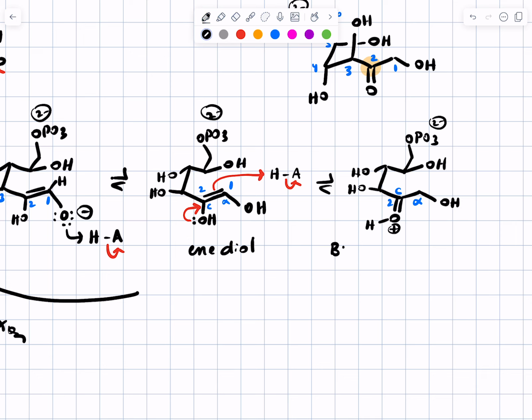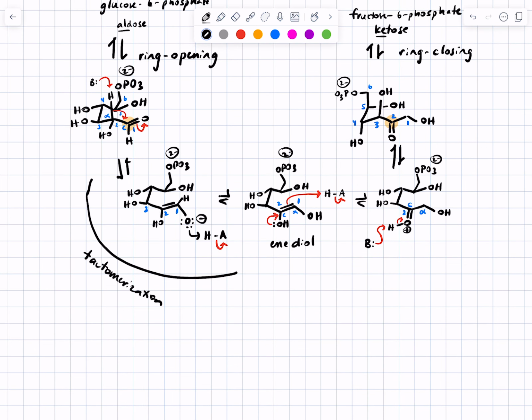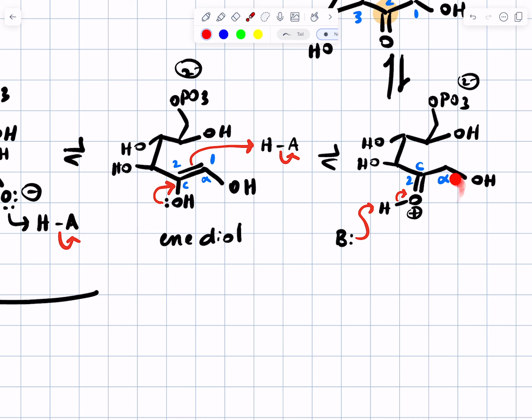Then I just need a base, perhaps the conjugate base of the acid, perhaps some side chain group, to remove a proton from that C2 carbonyl oxygen, and that will get me to the open chain form of fructose. Alternatively, tautomerizing from the enediol back to this keto form, I might have deprotonated that oxygen and then had electrons kick down and pick up a proton on the C1. The order of the proton transfer steps here doesn't really matter.